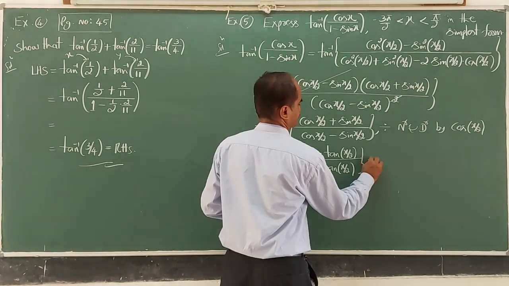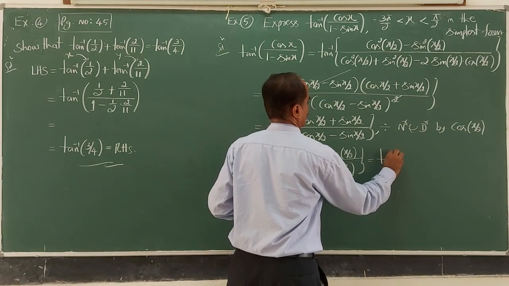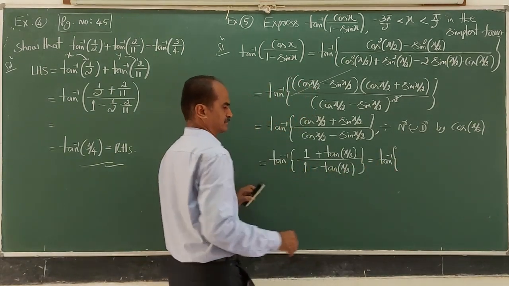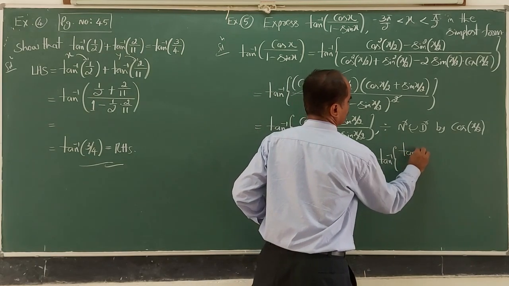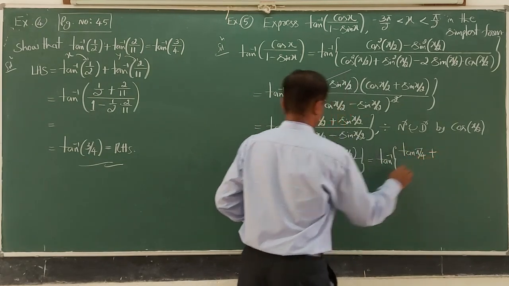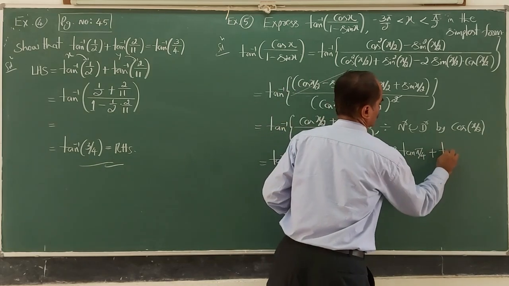Further, I write this 1 as tan pi by 4, plus tan x by 2 as it is.